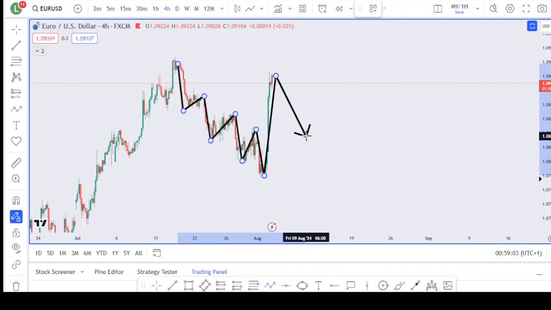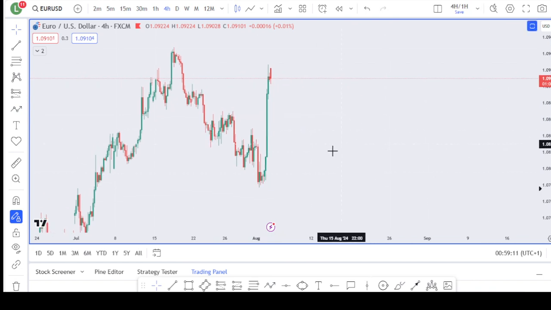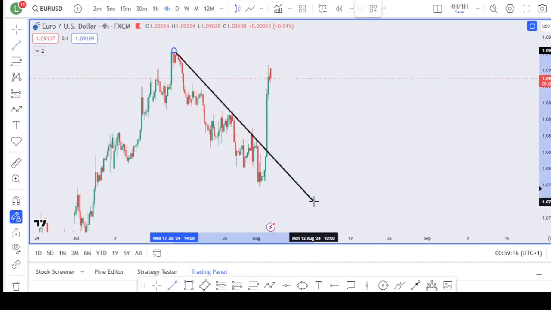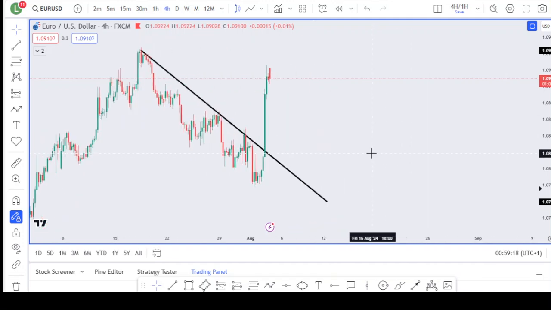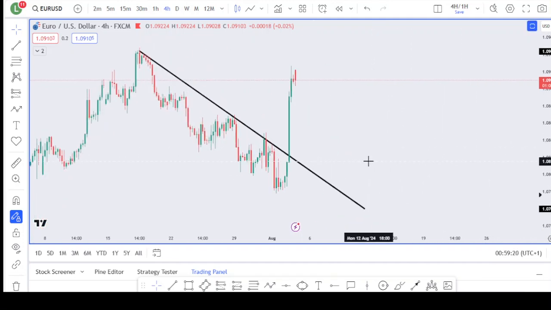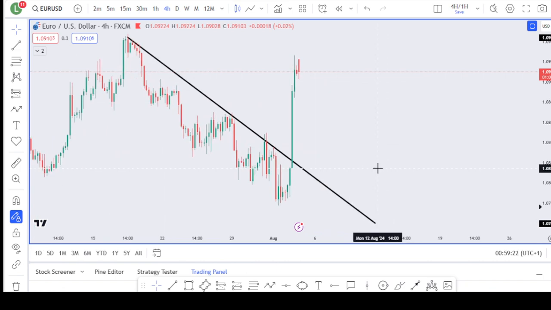Now this week, we are only watching out for buy opportunities on EURJPY. And for another confirmation, you agree with me that this downtrend line has been invalidated, right? That is another confirmation that our bullish sentiment is correct.